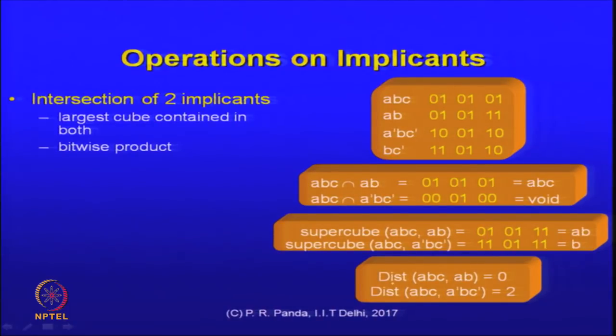An example would be, let us say I have a cube ABC that is represented like this, 0 1 0 1 0 1. AB is represented like this, with 1 1 at the C position because C is not there. If I take the intersection of ABC and AB, I should get what?